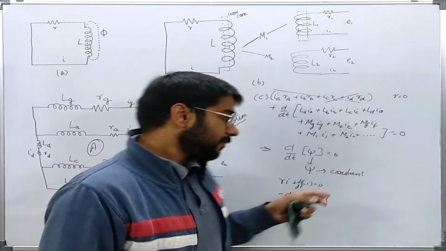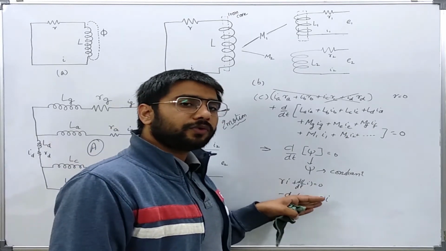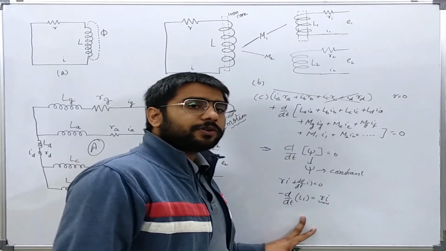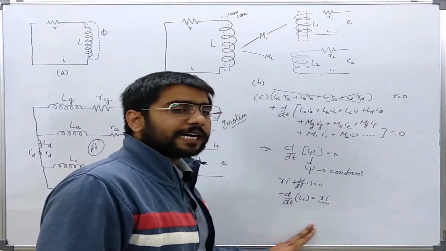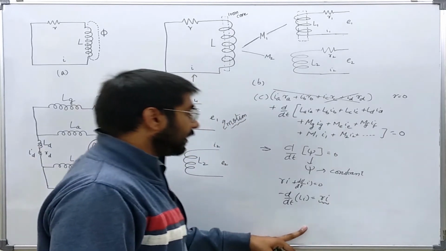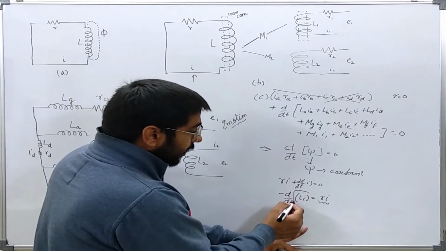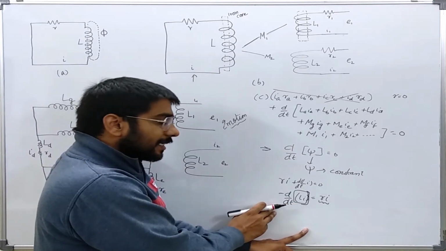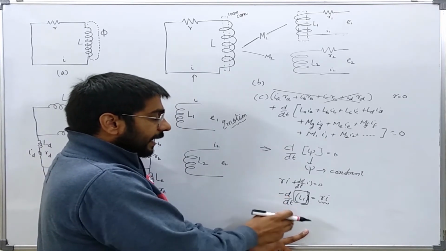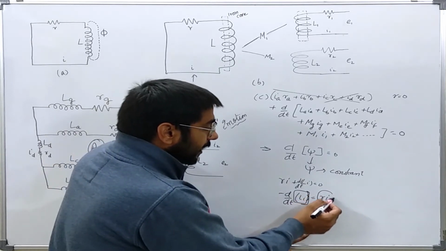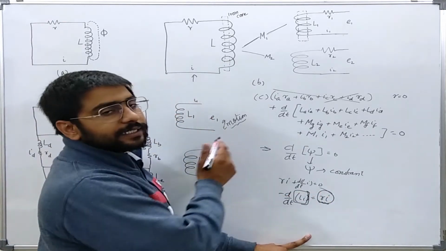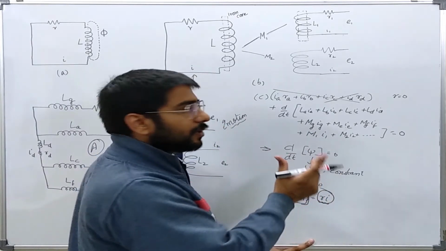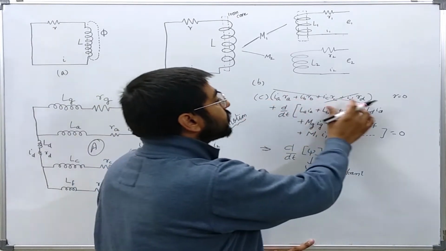It means that if we do not approximate the resistances to be equal to 0, then the theorem of constant flux linkages will say that the flux linkages of the closed circuit will change with a rate such that they induce a voltage which is just equal to the voltage drop in the resistance part of the circuit. So we can modify the theorem to include the effect of resistances also.